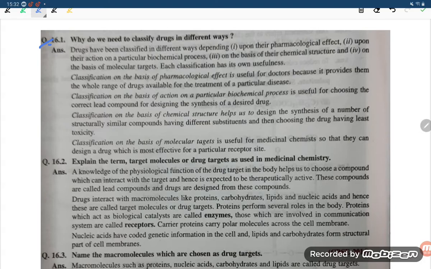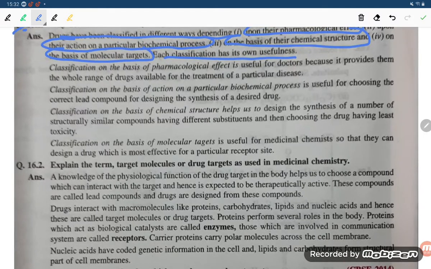How have the drugs been classified? Drugs have been classified in different ways depending on, first, their pharmacological effect, second, their action on a particular biochemical process, third, their chemical structure, and fourth, their molecular target. Each classification has its own usefulness.